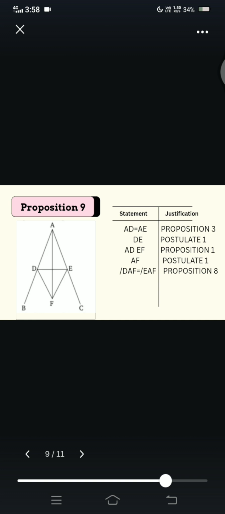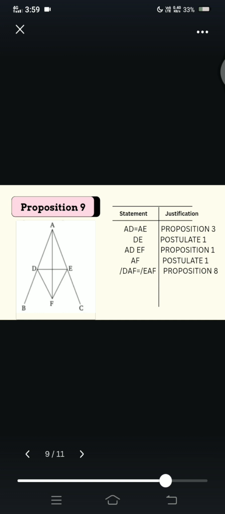Since binisect natin yung ating, so we know that our line AF bisected our triangle ADE and triangle DFE. So we know that line AD is equal to line AE and our line DE is an equal base of our two triangles, triangle DEF and triangle ADE.